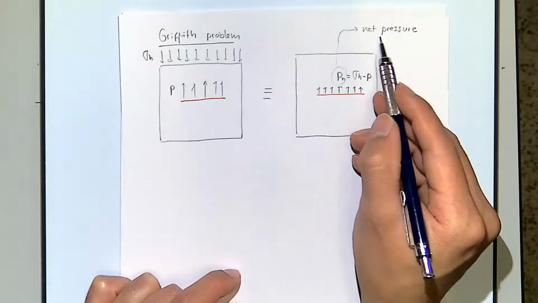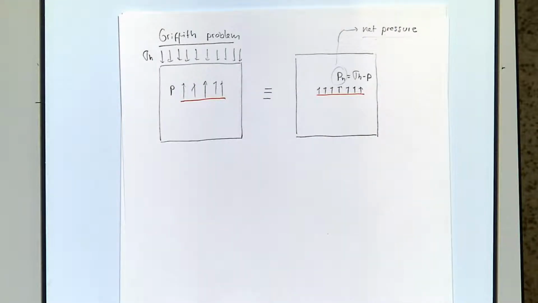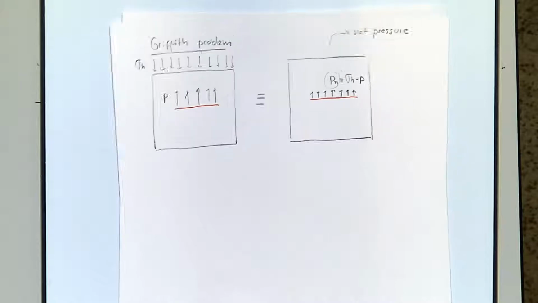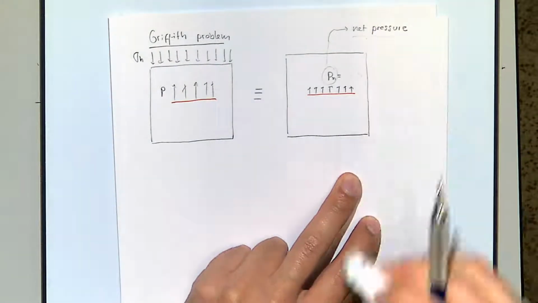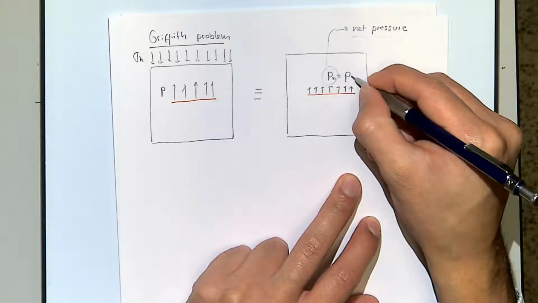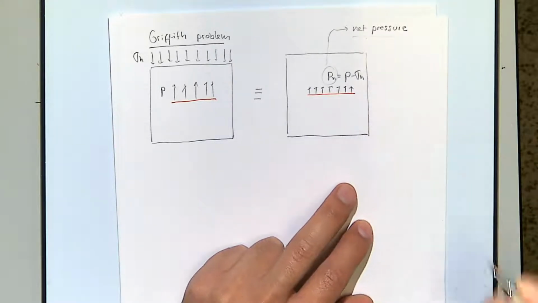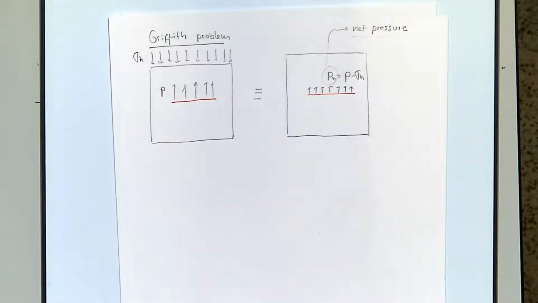So this is the name in hydraulic fracturing for the pressure in addition to the, there's a mistake there. Did you see a mistake, guys? P is higher than sigma H. Otherwise, the fracture would not open. So, that's what is called net pressure.